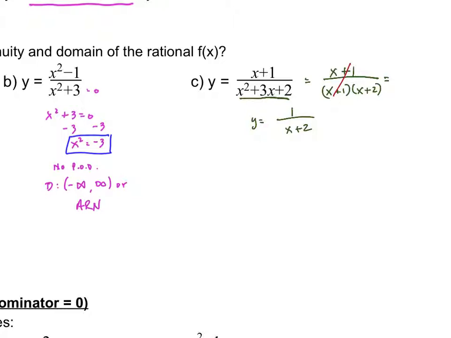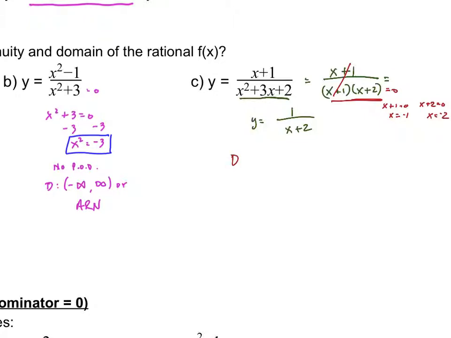And now we should be able to see my domain is going to be all real numbers, but let's think about if I make this denominator equal to 0, then I know x plus 1 is equal to 0 and x plus 2 is equal to 0, or x is equal to negative 1, x is equal to negative 2.